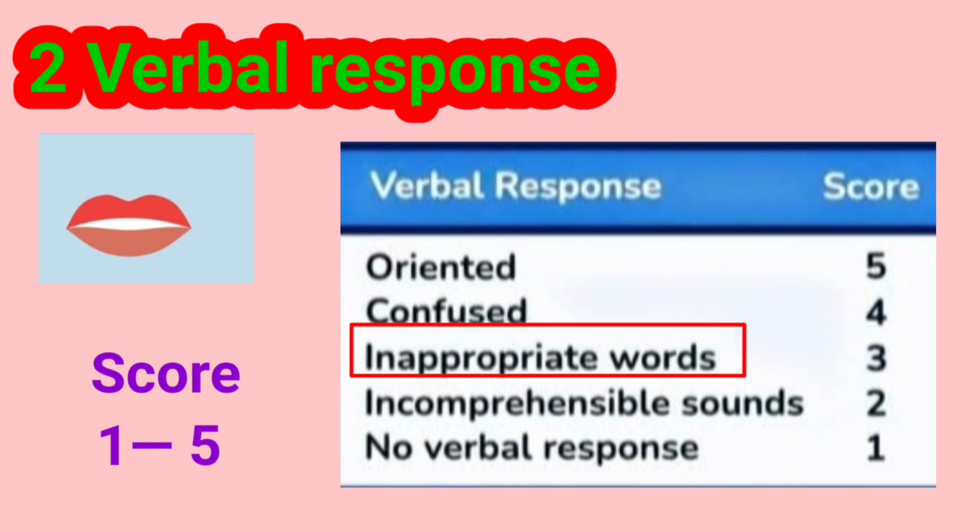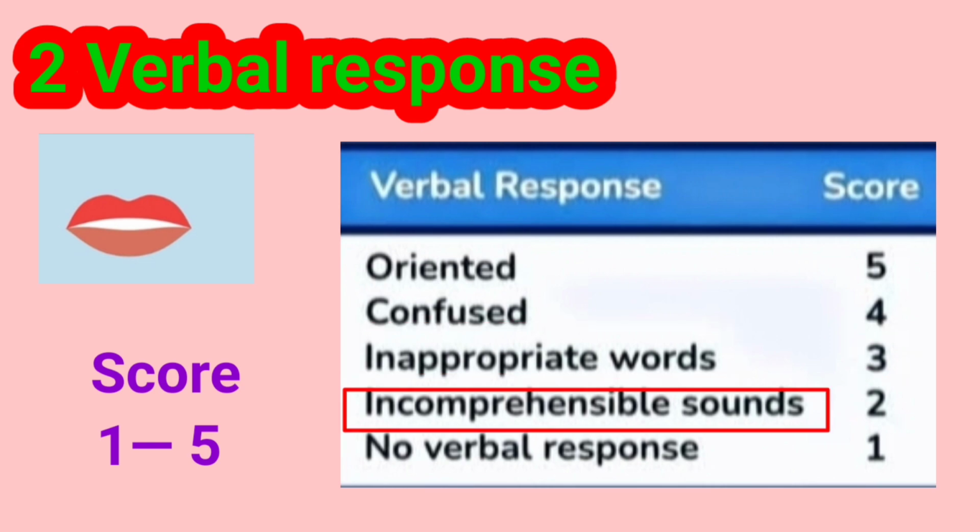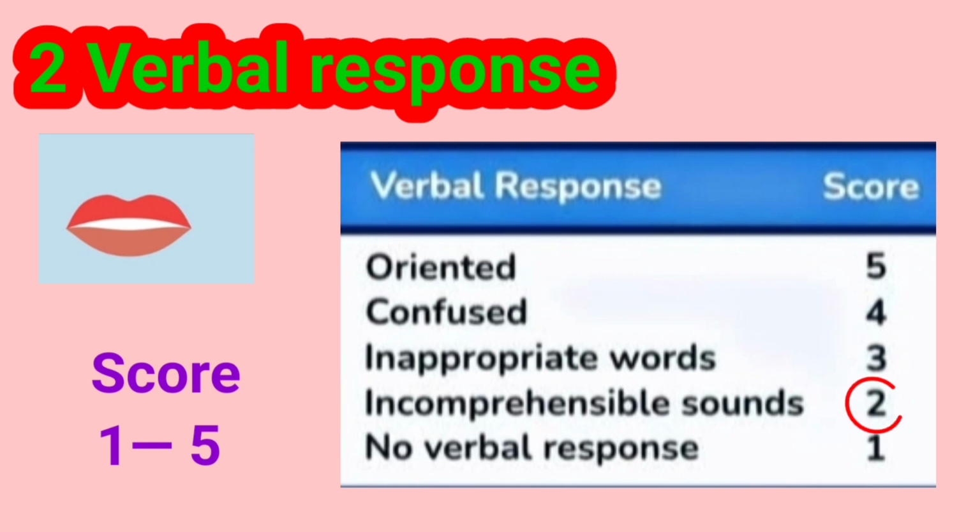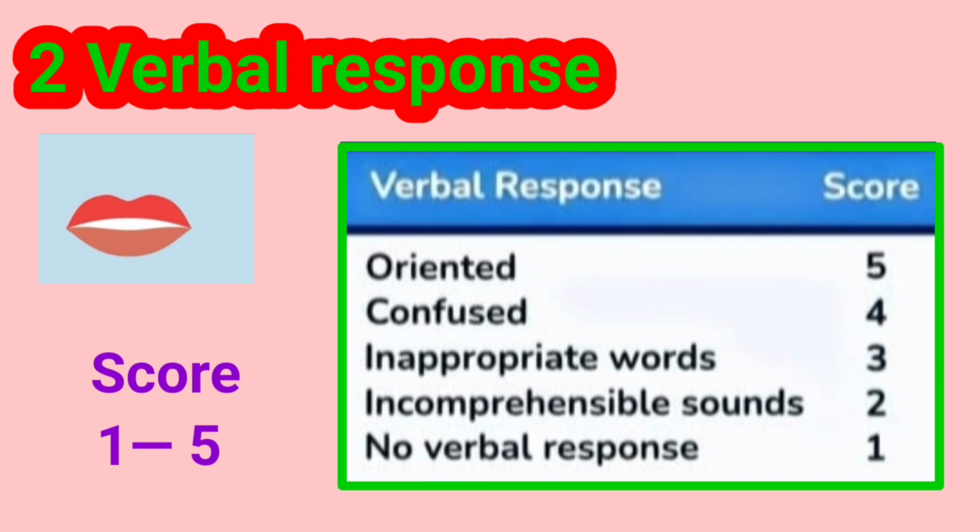Inappropriate words, unrelated to the situation, score 3. Incomprehensible sounds, moaning or groaning, then the score will be 2. And no verbal response at all, they will get a score of 1. This category evaluates how well the brain can interpret and produce language.